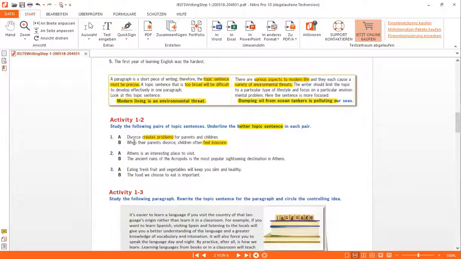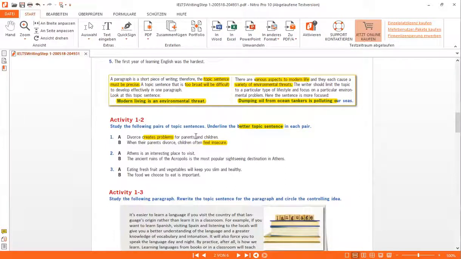So let's take a look at number 1. A says, "Divorce creates problems for parents and children." And B says, "When their parents divorce, children often feel insecure." Which one is narrower? We do realize B is narrower than A, so we pick B as the better topic sentence. A is too broad.